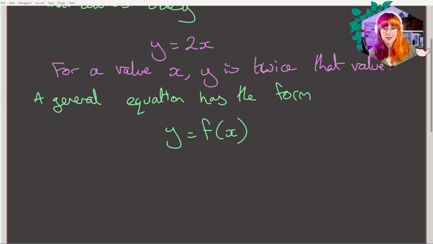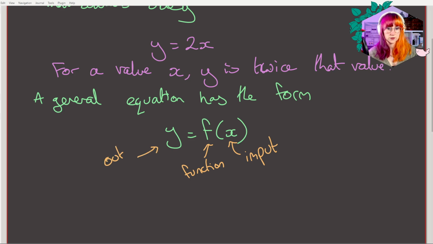And this might be like, Kat, this is really beginner stuff, but I really want to start from basics. So we have our input, we have our function, and we have our output.